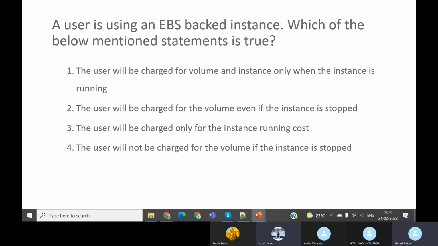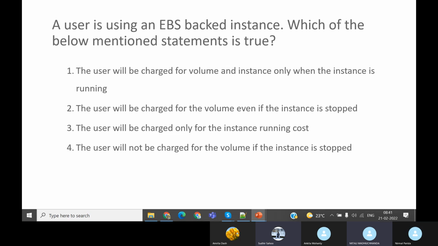If you stop the instance, AWS, it is trying to say. I think here we are talking about the EBS backed instance. Yes.